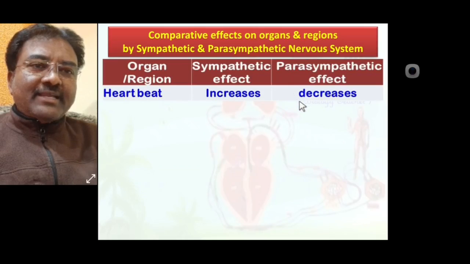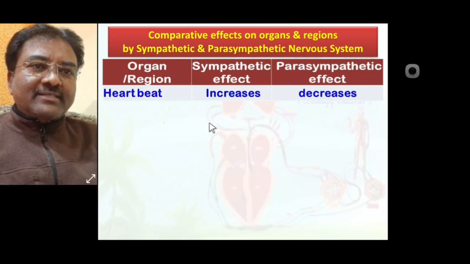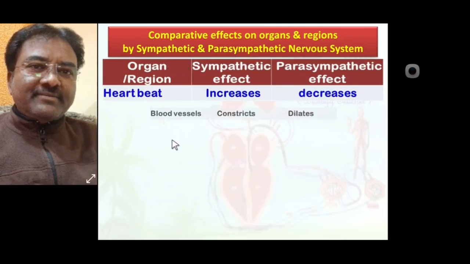Means parasympathetic nervous system is antagonistic effect of sympathetic nervous system, means opposite effect. If heartbeat increases by sympathetic nervous system, that decreases by parasympathetic nervous system.